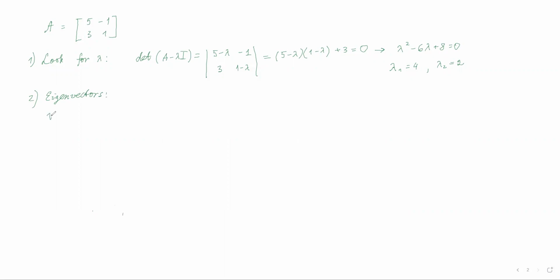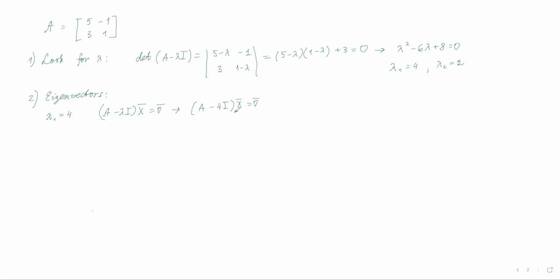So we are going to start with lambda 1 equals 4. So again, I'm returning back to my equation A minus lambda I multiplied by x equals 0. Now, what is good? I do know lambda already, right? My lambda actually is equal to 4. So actually what I have is A minus 4I multiplied by x equals 0.